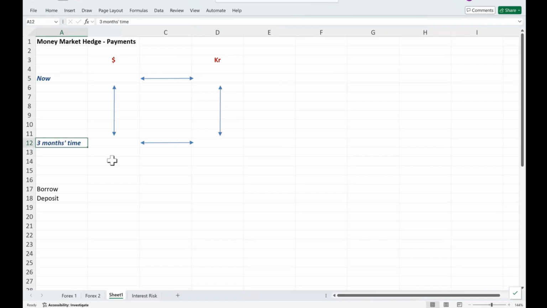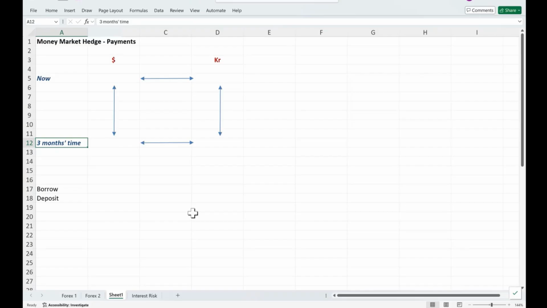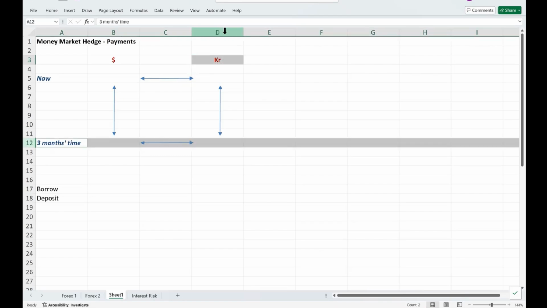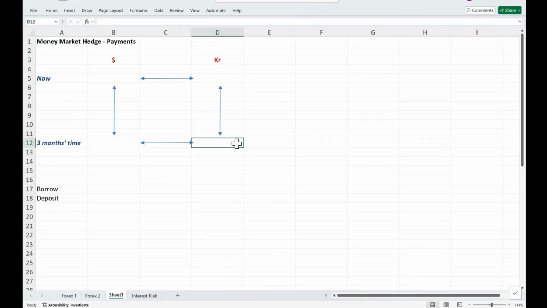We have to make a payment in 3 months' time: 3.5 million kroner in 3 months' time. So within 3 months' time, we have to pay 3.5 million kroner. I will write down here 350.